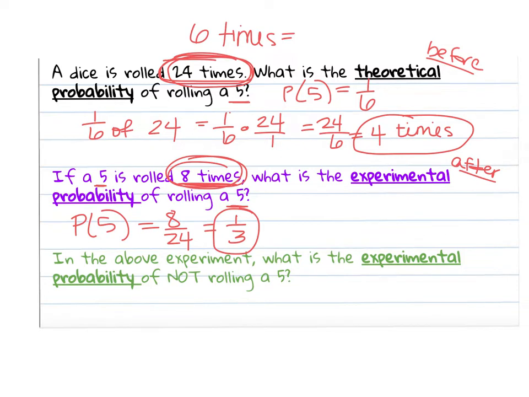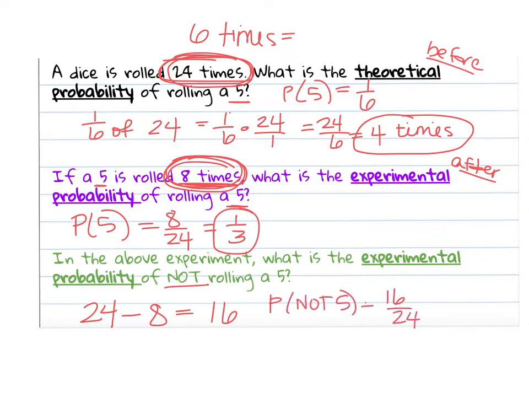In the above experiment, what is the experimental probability of not rolling a 5? So if I rolled a 5 8 times and I rolled it 24 times, 24 minus 8 is 16. So the probability of not rolling a 5 would be 16/24. And then we simplify that. I can divide them both by 8, so I get 2/3.